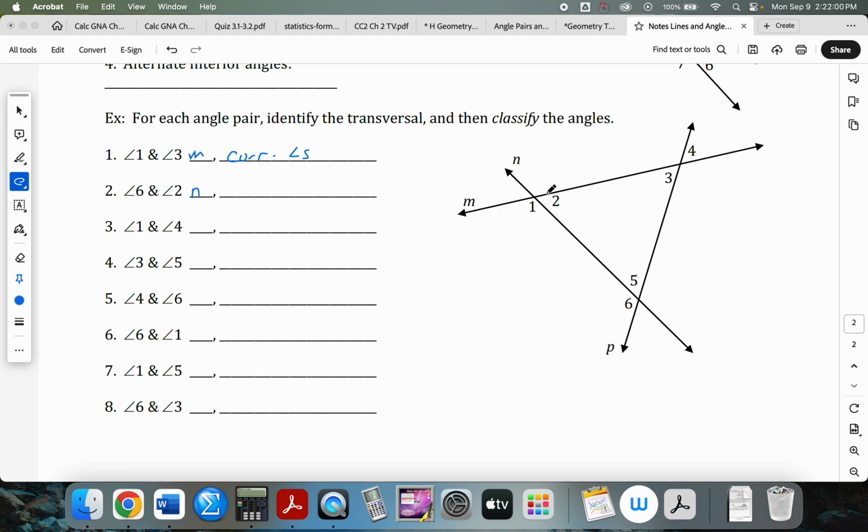And they're between the two lines, so that's alternate interior angles. For 1 and 4, again, we're back to using the transversal M.